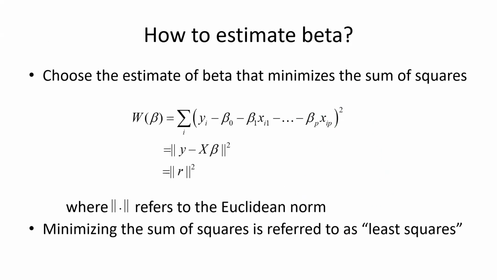Is this a sensible criterion? Well, minimizing the error sounds good, right? Minimizing the sum of the errors also makes sense. We have errors from each observation, we sum them all up. And actually, we are summing the squares of those errors. You can argue whether it's obvious that you want to sum the squares.